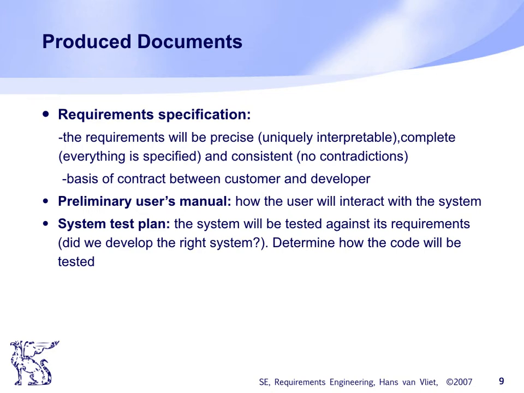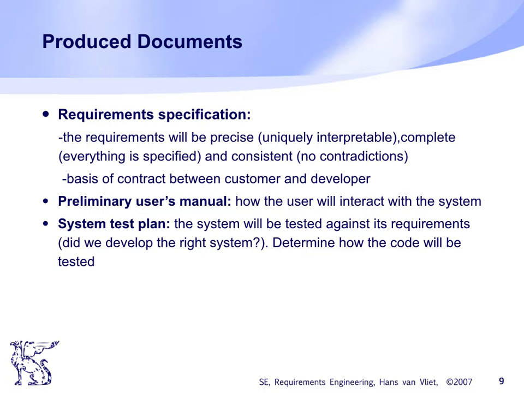So, what are the deliverables of this phase? After the phase, what will we be able to deliver? After the requirement engineering phase, we will have a requirement specification document, right? This document describes what the software will do and how it is expected to perform.